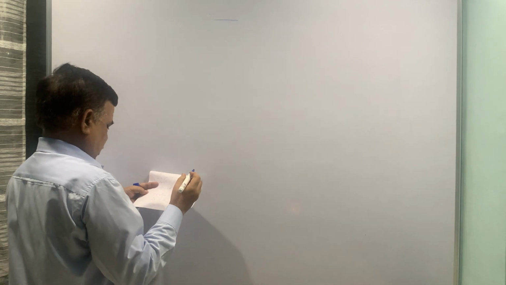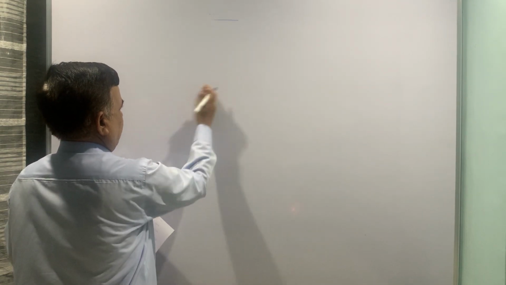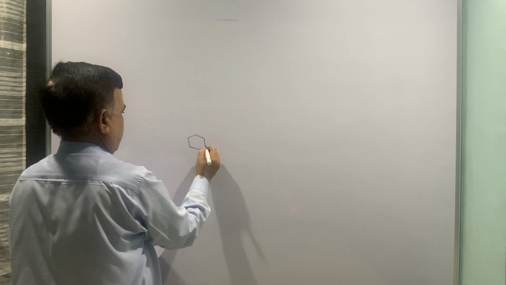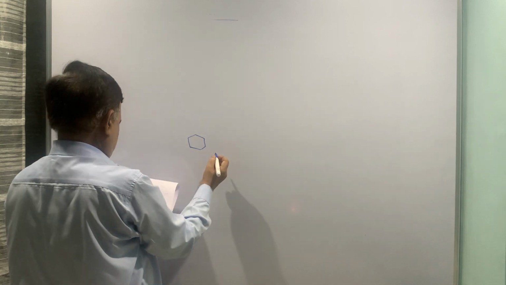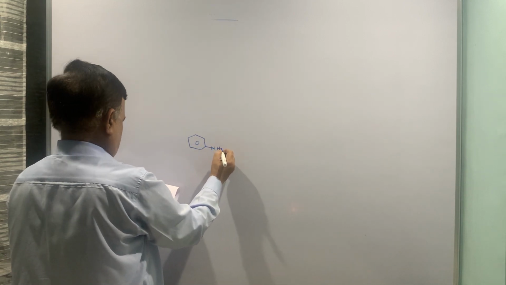Another example, I will take some different example, not of ketene. Now this is N3, NH2.